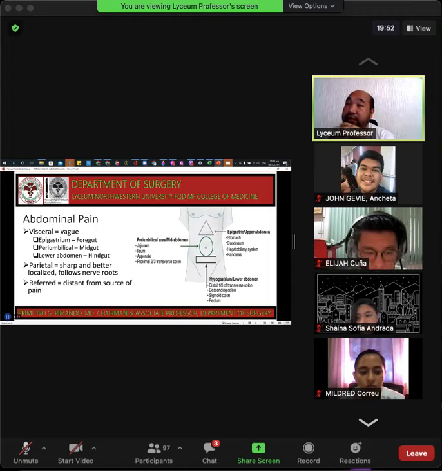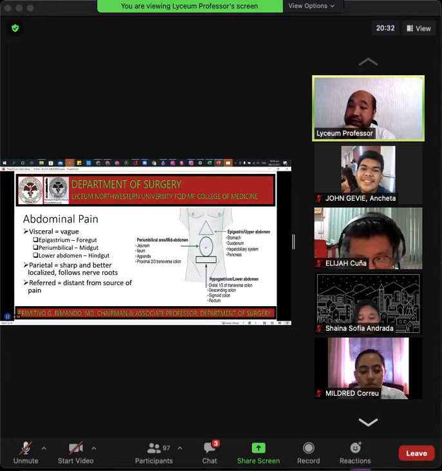And when we talk about pain, there are three types of pain that we have to discuss. The first one is your visceral pain. The second is your parietal pain, and the third one is your referred pain. Your visceral pain is usually vague, and it follows your embryological development. Structures that arise from the embryological foregut refer their pain to the epigastrium.